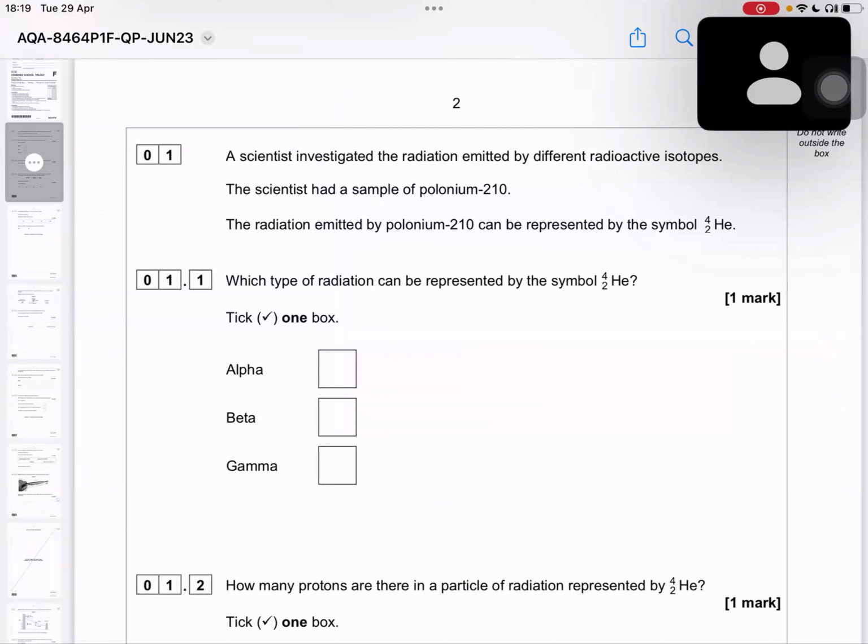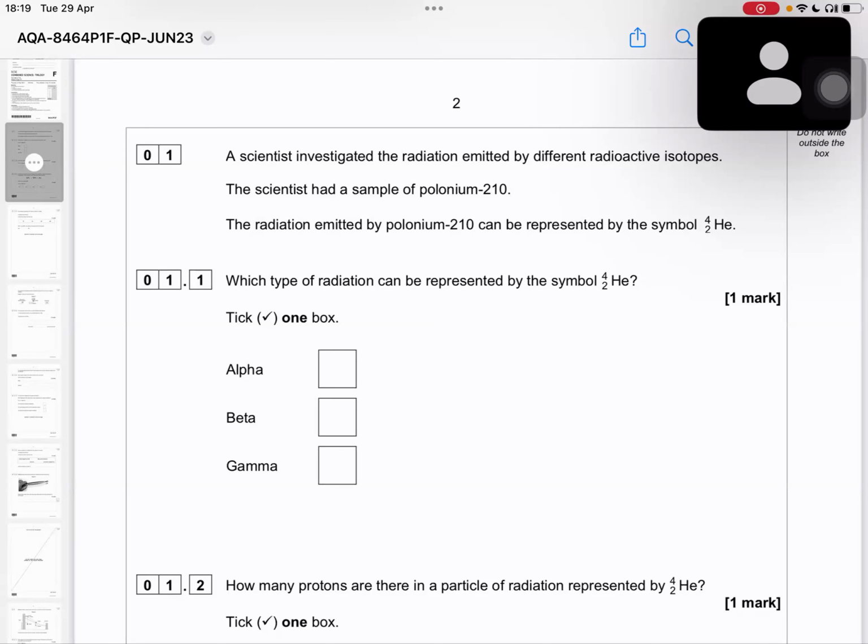Okay. So it says the radiation emitted by polonium 210 can be represented by the symbol helium. Okay, that's what He stands for, helium. It now says which type of radiation can be represented by the symbol.